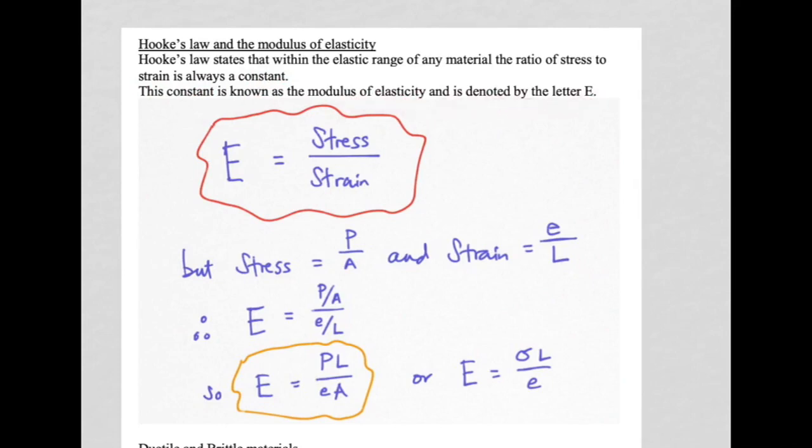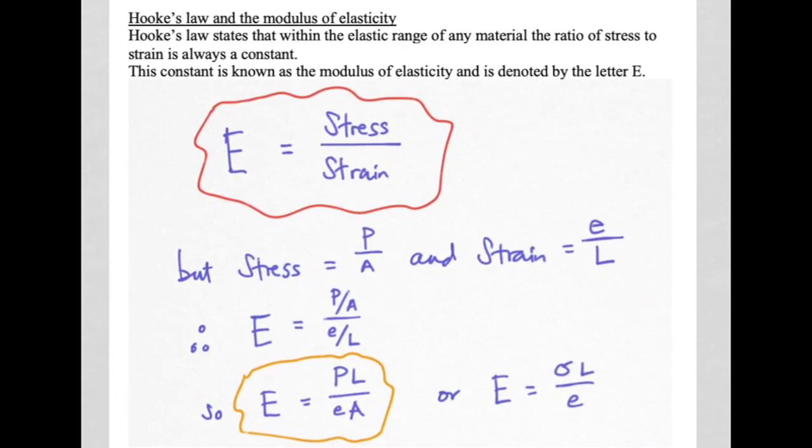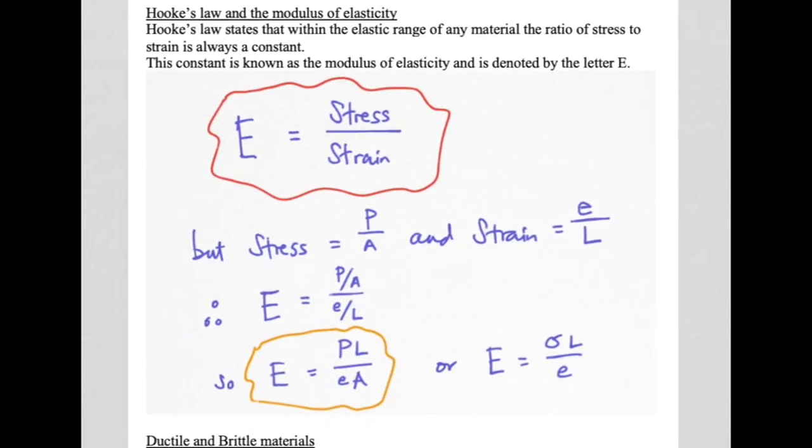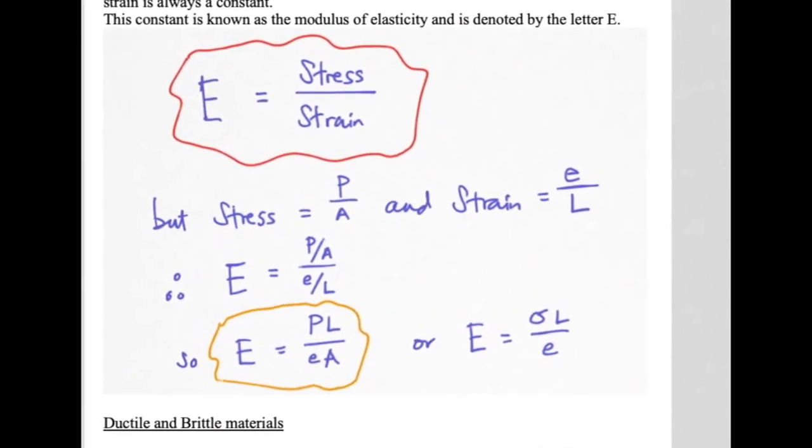Now you'll find E in many design aspects in mechanical engineering. And there it is. E is stress over strain. Okay, but now let's cast our minds back to what stress was. Stress was load over area, and strain was change in length over original length, both well known to you.